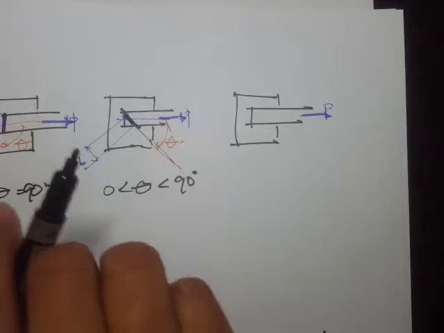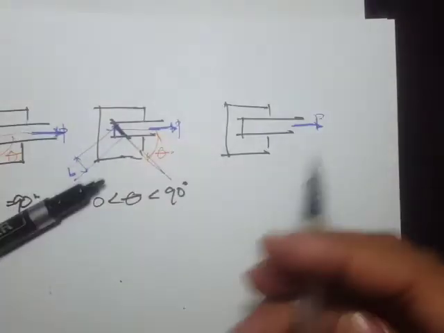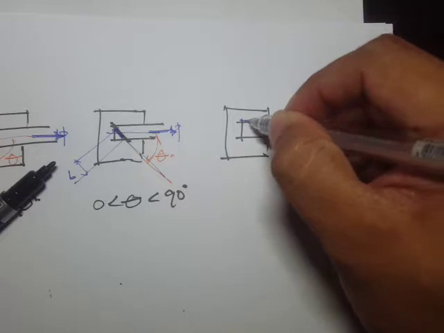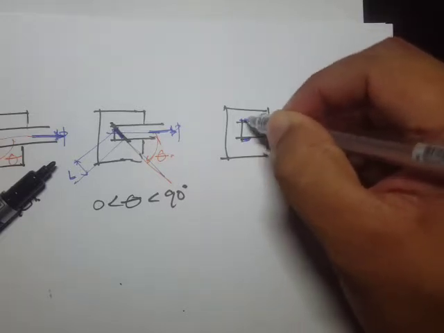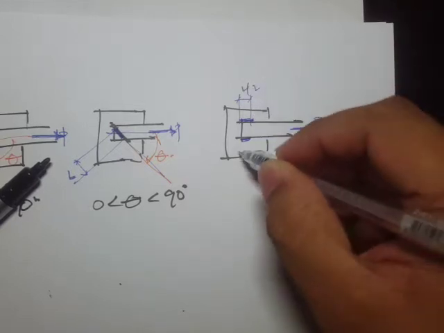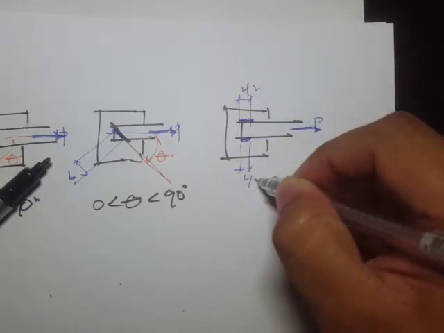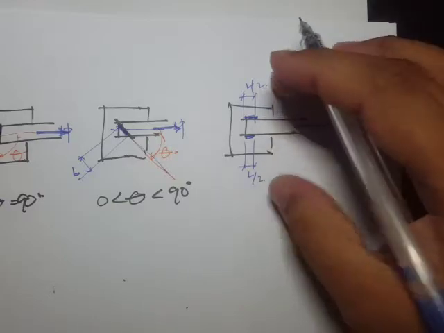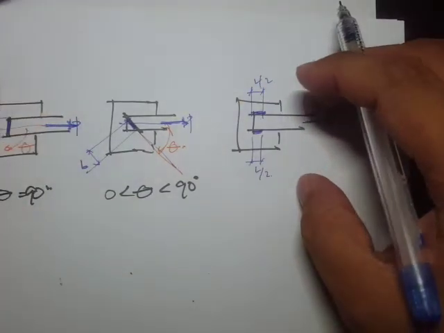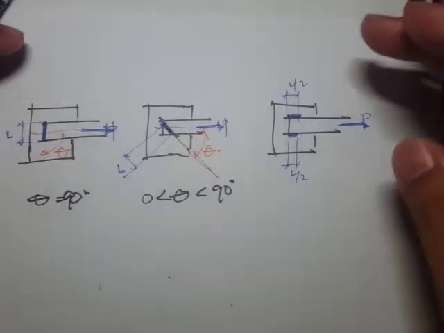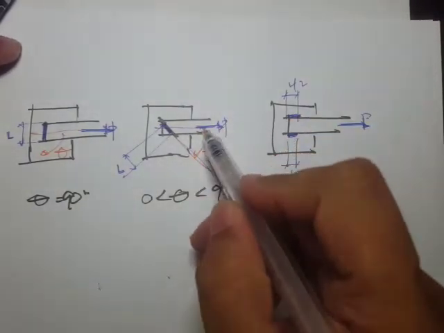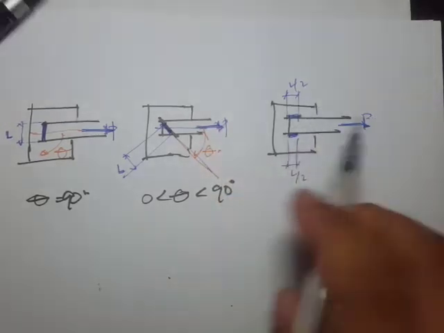And here, what if the weld length is along this direction? Of course, that's going to be L over 2, and then this one is L over 2. So meaning that we are considering the same weld length, but at different angles from the load direction.